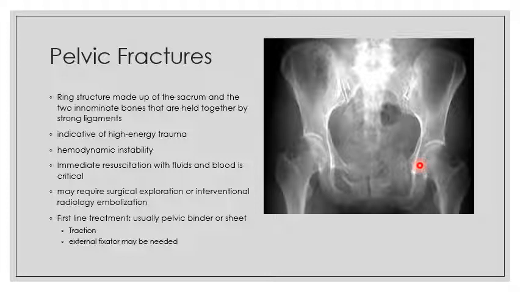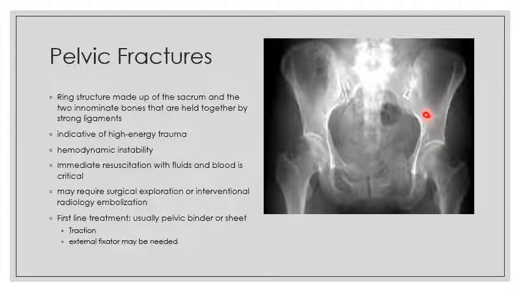As I said, it's indicative of high energy trauma, and because of the space within your pelvis, it could contain even up to 4 liters of blood. Patients could present with hemodynamic instability or shock. The primary concern here is immediate resuscitation with fluids and blood, and this is critical in your management.